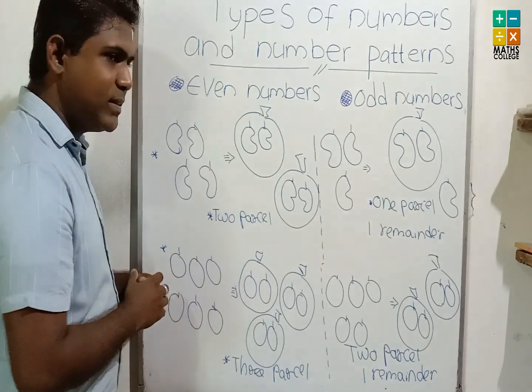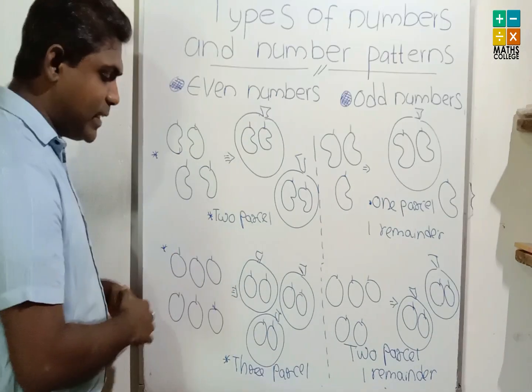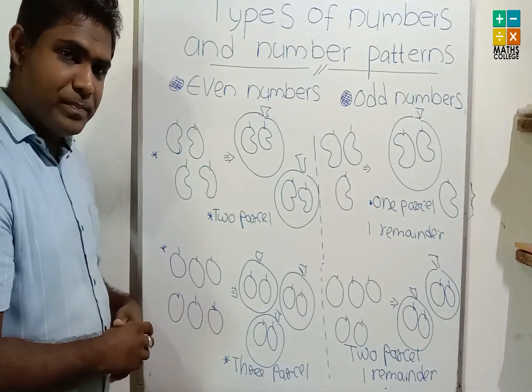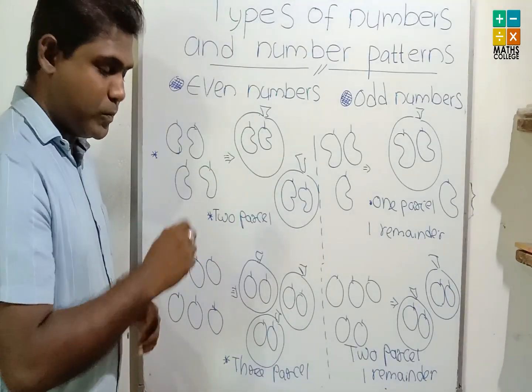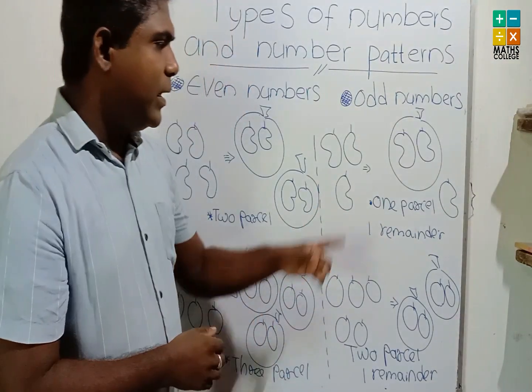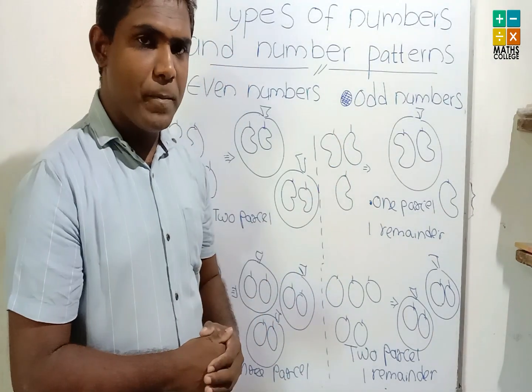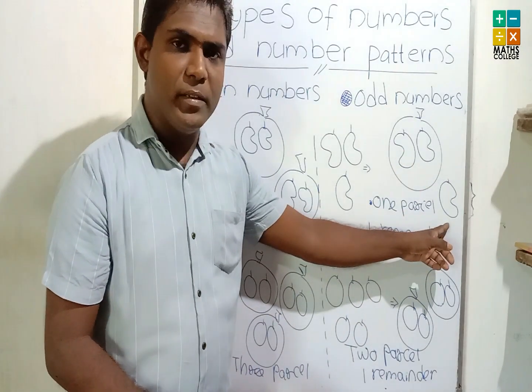Here, 2 parcels, no remainder mango. And the second example, here you can see oranges. 3 parcels made 2 by 2, no remainder. Of this, here 1, 2, 3 mangoes: one parcel of 2 mangoes, and you can see here 1 remainder.